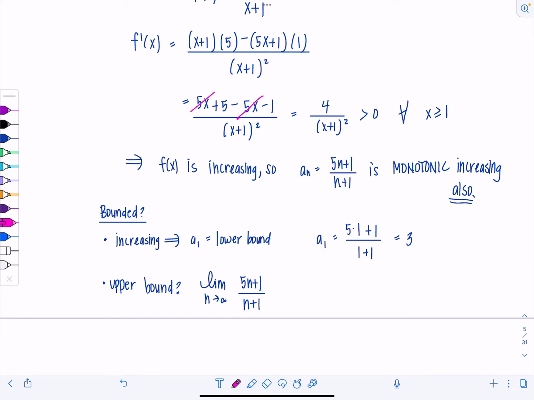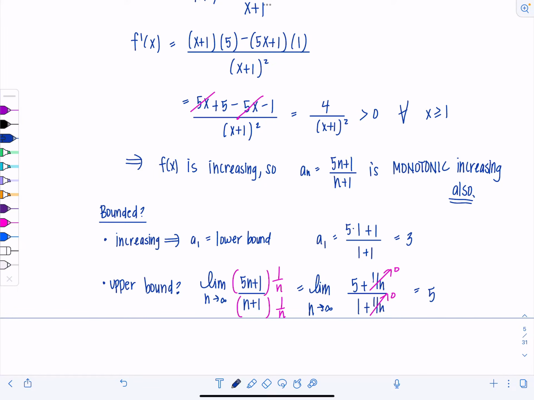Yeah? Again, I'm not going to do L'Hopital's rule because then I have to change it to f(x), so I'm just going to multiply by 1 over n. And then here we have the limit as n goes to infinity of (5 plus 1/n) over (1 plus 1/n), and then this goes to 0, this goes to 0, so this is just 5 over 1, which is 5.